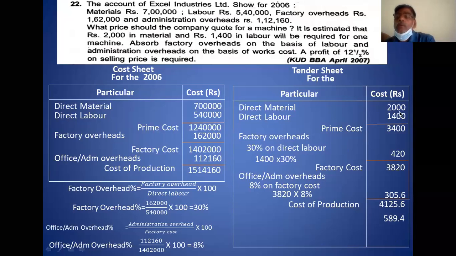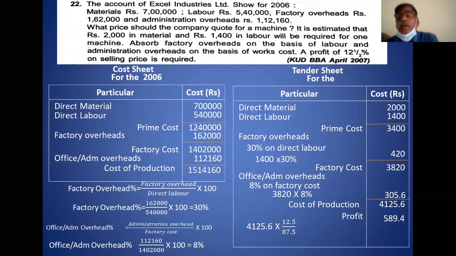Next, you add the profit. Profit is 12 integer 1 by 2%, which means 12.5% on sale. Sale is not given. Remember, for every 100 rupees of sale, 12.5 is the profit.